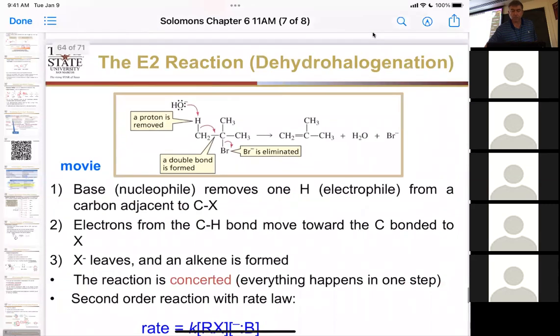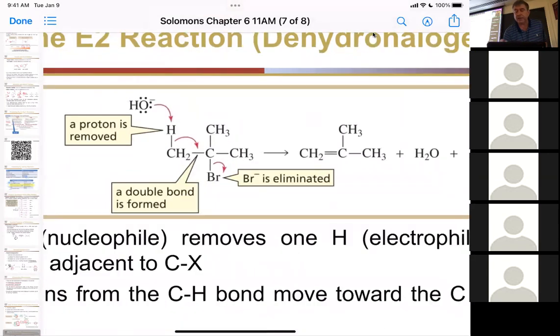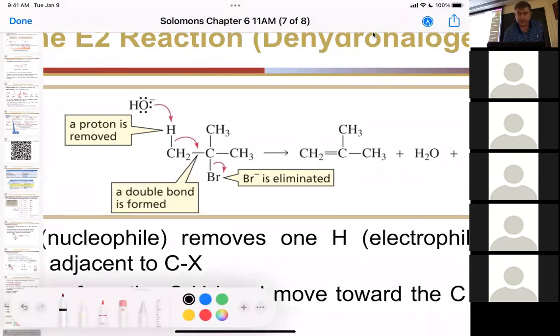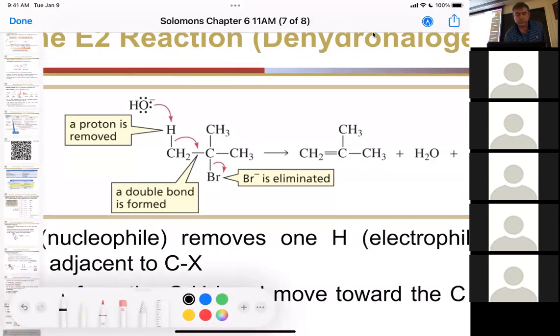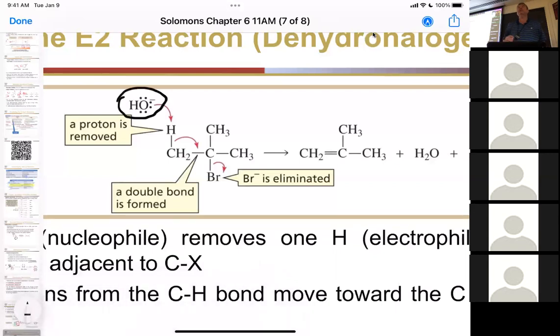So let's look at this mechanism here. I said it was a bimolecular mechanism. We have our base come in right here. This is our base, OH. It's going to use its electrons, instead of acting as a nucleophile on the alpha carbon, to pull a hydrogen off the beta carbon.